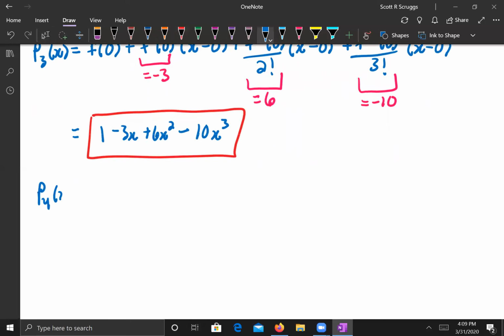And now let's go on to the fourth. Isaac, I'll go ahead and let you know that you got the correct answer for that. But let's go over it. Remember, Taylor polynomials always build up. So I already know my third order Taylor polynomial. So now I'm going to add the fourth derivative at 0 divided by 4 factorial.